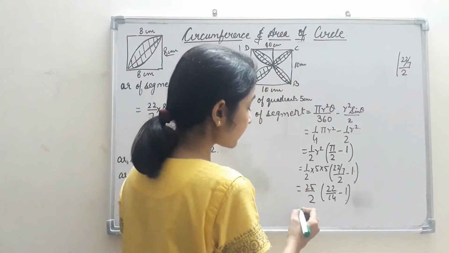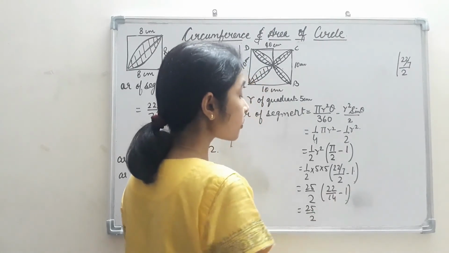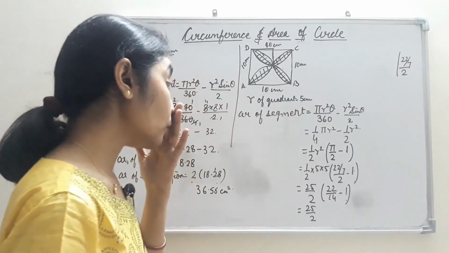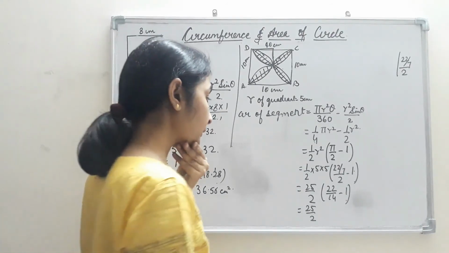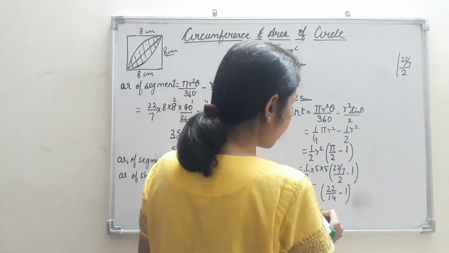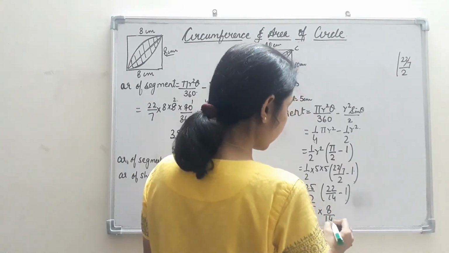Okay, taking the LCM, what do I get? 25 upon 2, 14 is the LCM, so 22 minus 14, that is equal to 8. Okay, so multiplied by 8 upon 14.